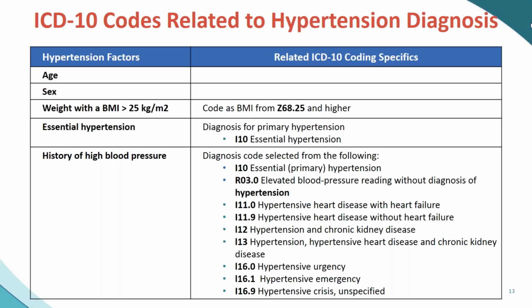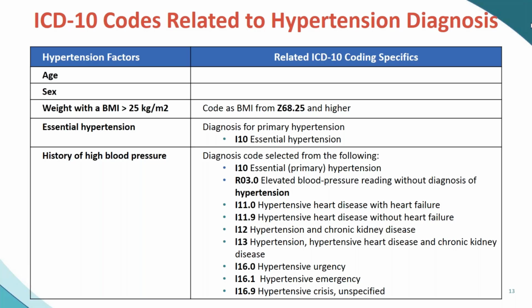Then when you go beyond that, let's say that you have actually identified through more than one reading that they are hypertensive. Then you're going to be more specific about what other condition is impacting that hypertension. So the I-11.0 series are those with and without heart failure.